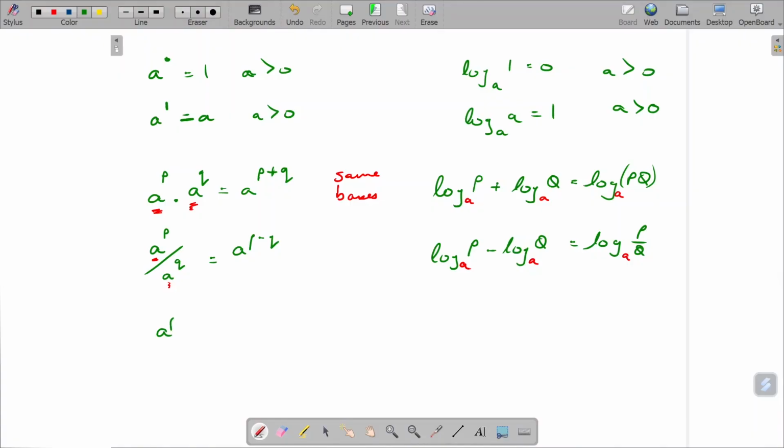Law 3 was one that we should be familiar with from exponents again. A to the p raised further to the q equals a to the p times q.